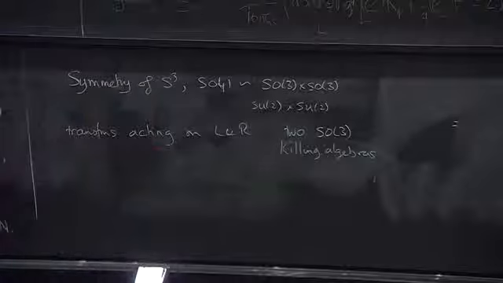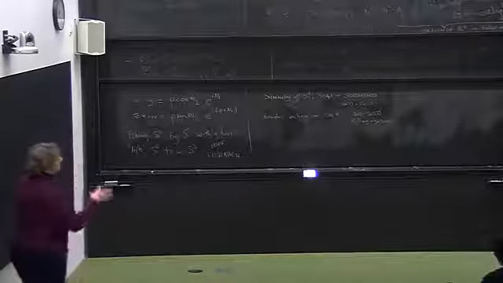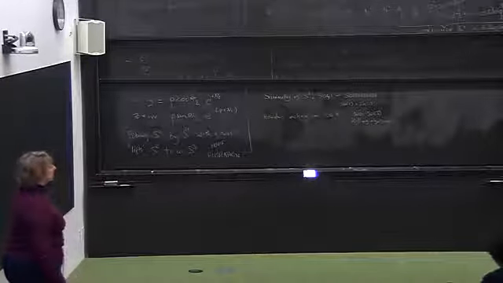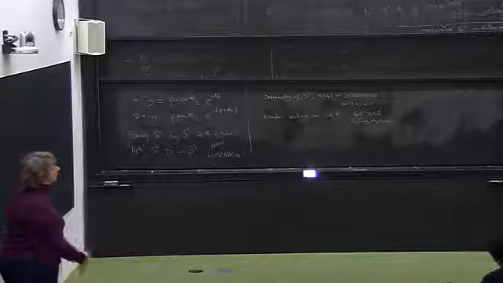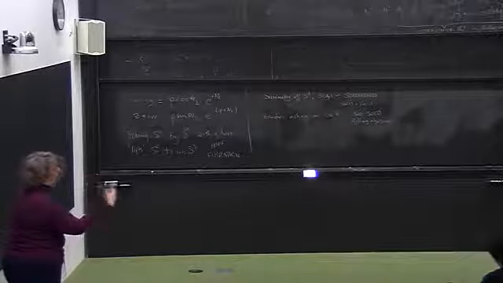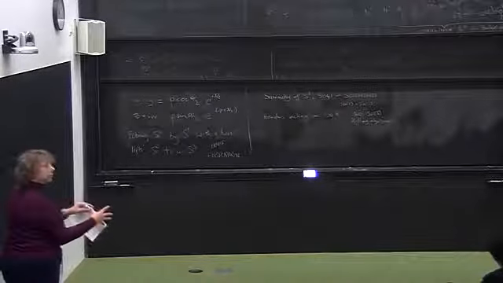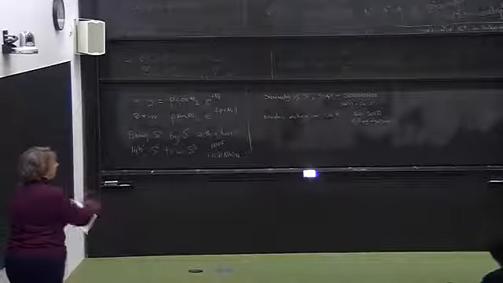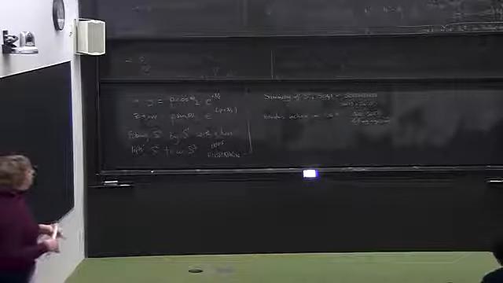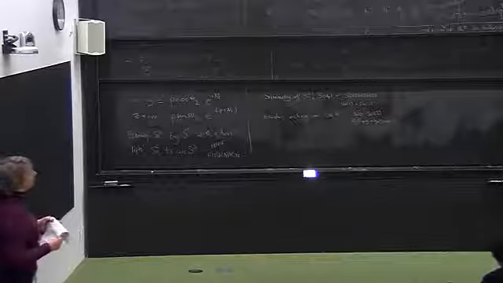And what's happened for our geometry here, if we look at it, we know we've got an SO3 algebra because we've got the d theta squared plus sine squared theta d phi squared sitting in there. We've also got a U1 because of the d chi, but we don't have the full SO4 algebra. And what's happened is we've broken the symmetry of one of these SO3s that act on the S3. And what we're left with is that the symmetry of our metric is SO3 cross U1.